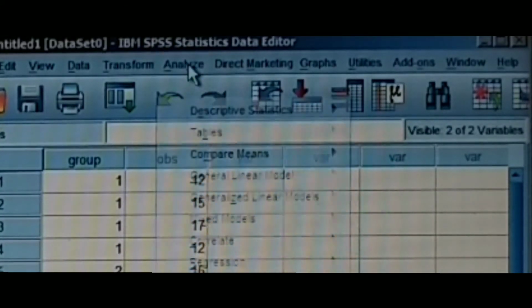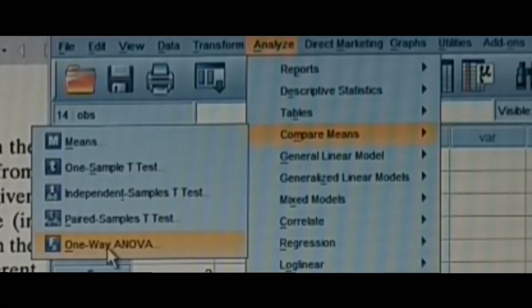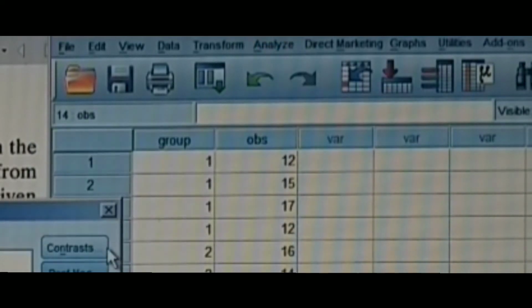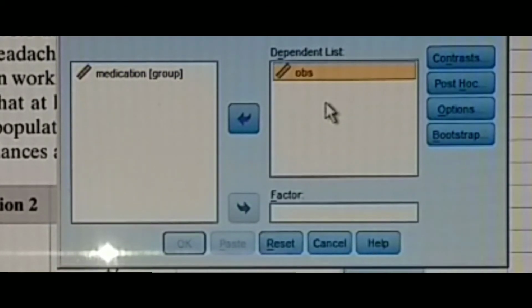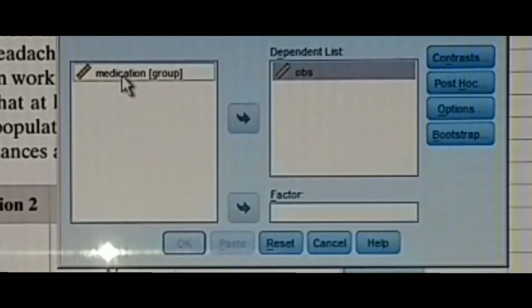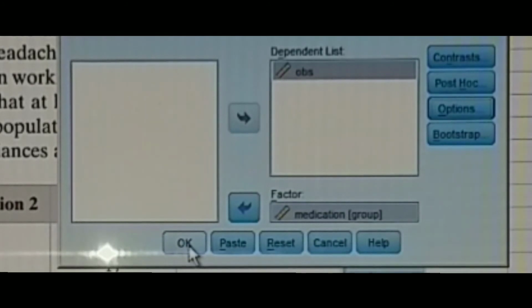And then after that, we may now go to analyze, compare means, and then one-way ANOVA. So we click that. For the dependent list box, we drag our observations, so obs, and then for the factor box, we drag the group or medication, and then after that, we click OK.